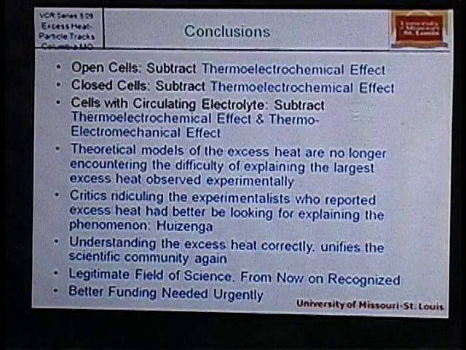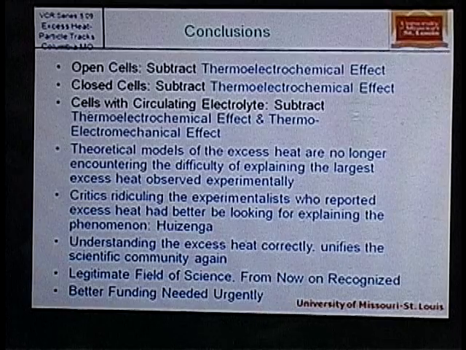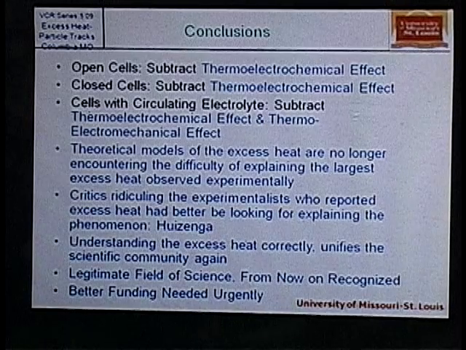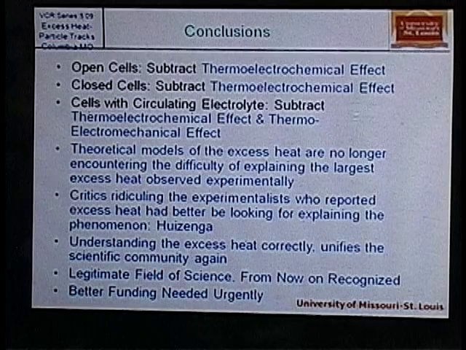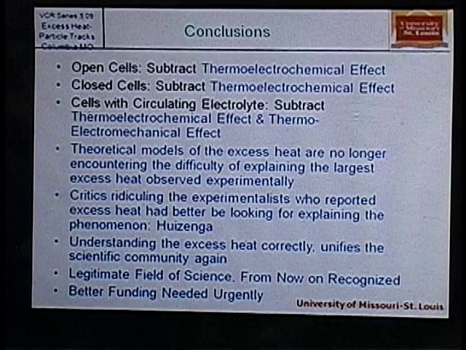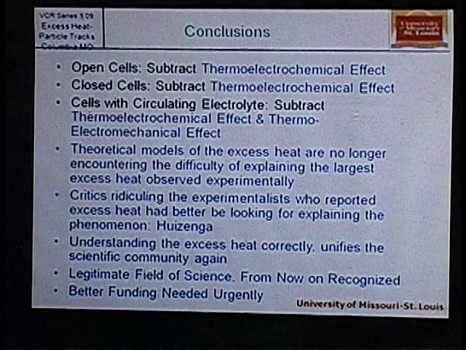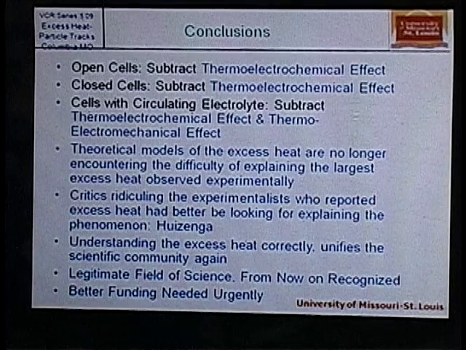Subtract in cells with circulating electrolyte the thermoelectrochemical and thermoelectromechanical effect. The theoretical models of excess heat are no longer encountering the difficulty of explaining the excess heat observed experimentally.